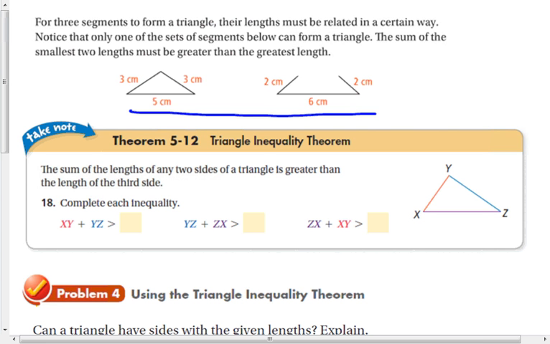And so we get this theorem, which says that XY plus YZ must be greater than XZ. YZ plus ZX must be greater than XY, the other side. ZX plus XY must be greater than YZ, third side.